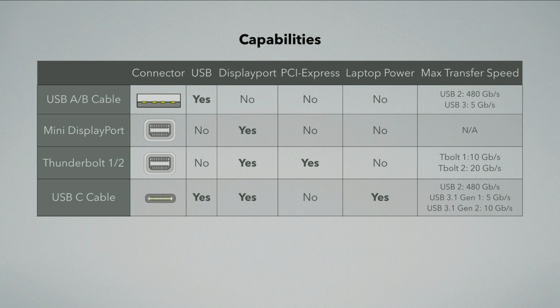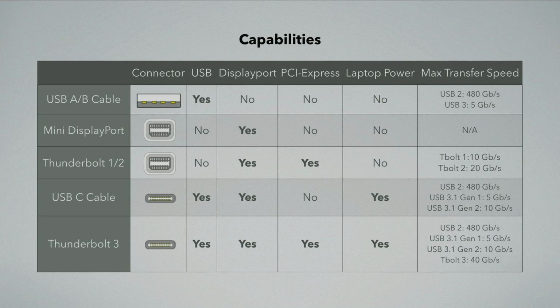So these are all great, but none of these fill all of the categories until you get to Thunderbolt 3. Thunderbolt 3 can provide USB, DisplayPort, PCI Express, and enough power for your laptop. So just reiterating, this is why Apple thought it was a good idea to switch to one port on their newest machine. Well, one type of port on their newest machines, because you can do all of these things with that one cable.